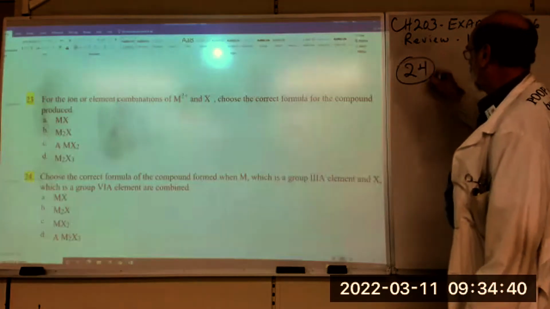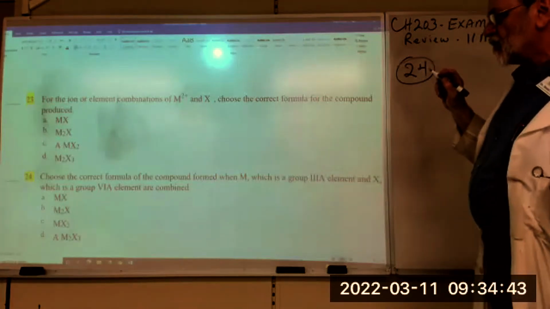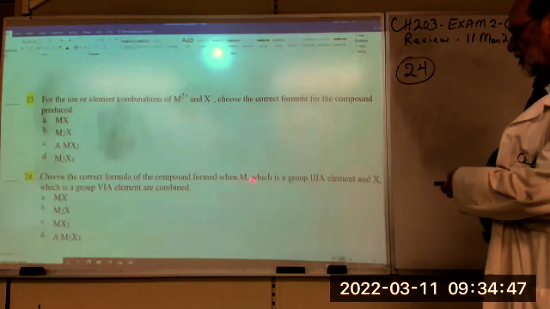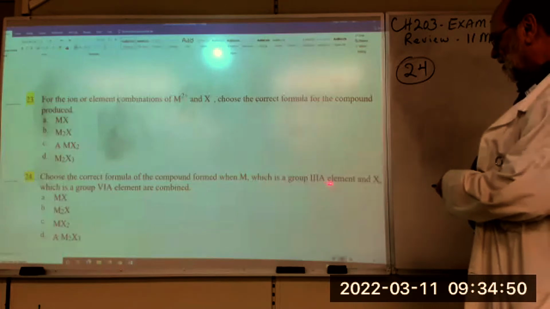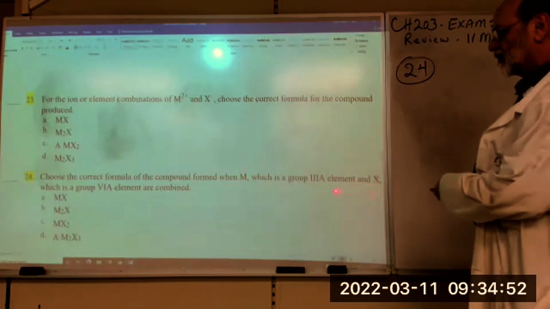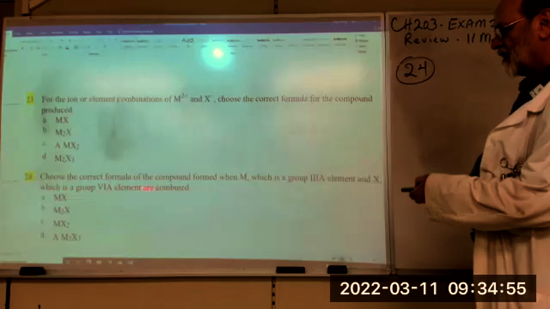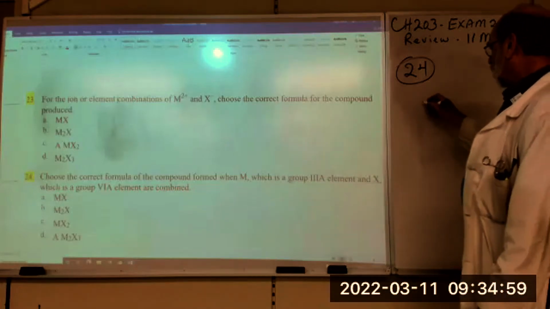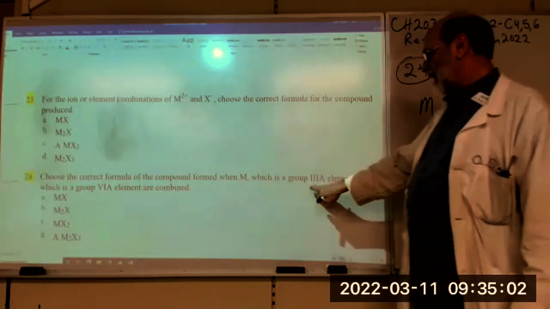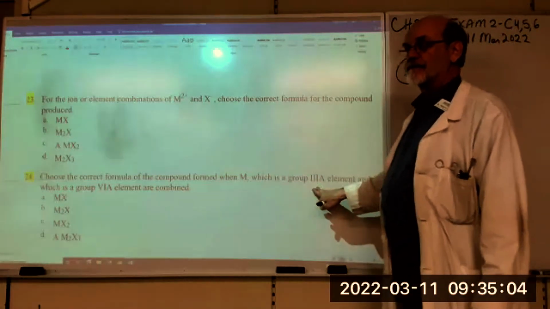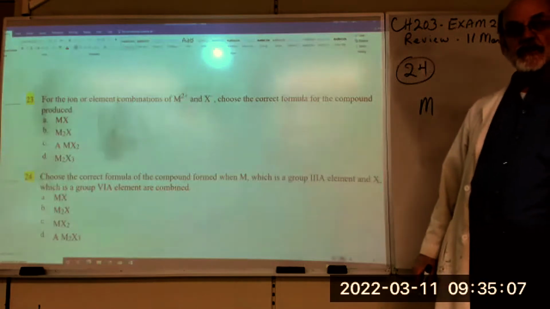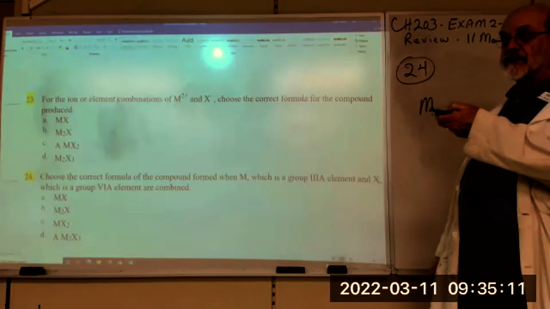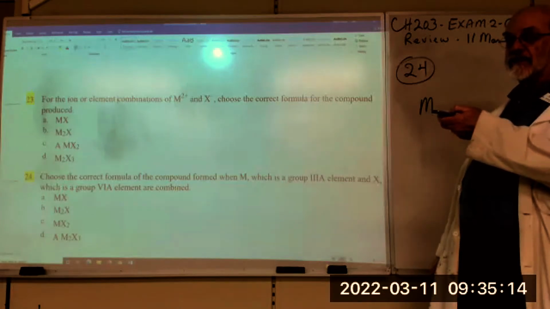24. Choose the correct formula of the compound formed when M is in group 3A and X, which is in group 6A, are combined. Now you have to work a little harder. If M is in group 3A, it's going to have a 3 plus charge, right? It's either boron, aluminum, gallium, indium.